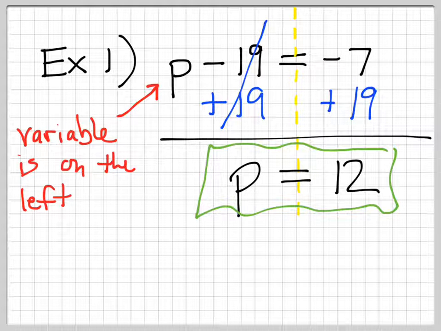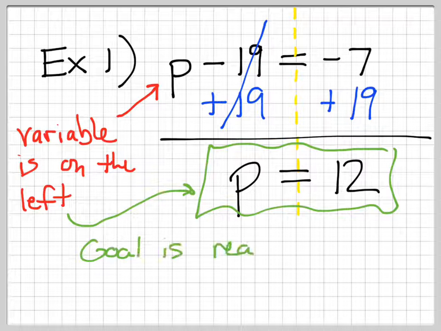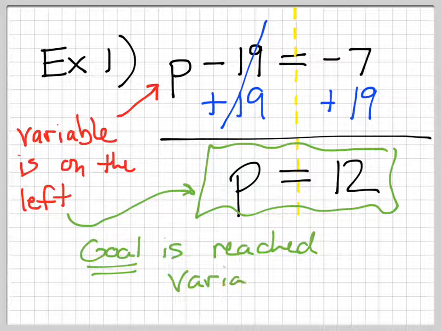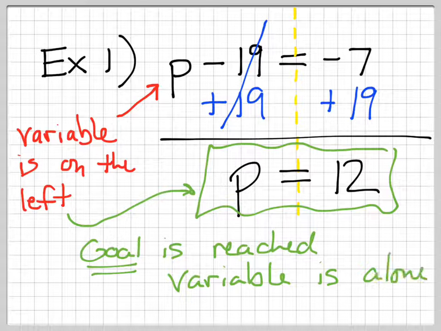So you notice, if I add 19 to the left, it goes away. I'm left with only P. If I do something on the left side, like add 19, I also have to do it on the right side. Negative 7 plus 19 is 12. Our goal is reached. P is all by itself on the left side, and we can move on.